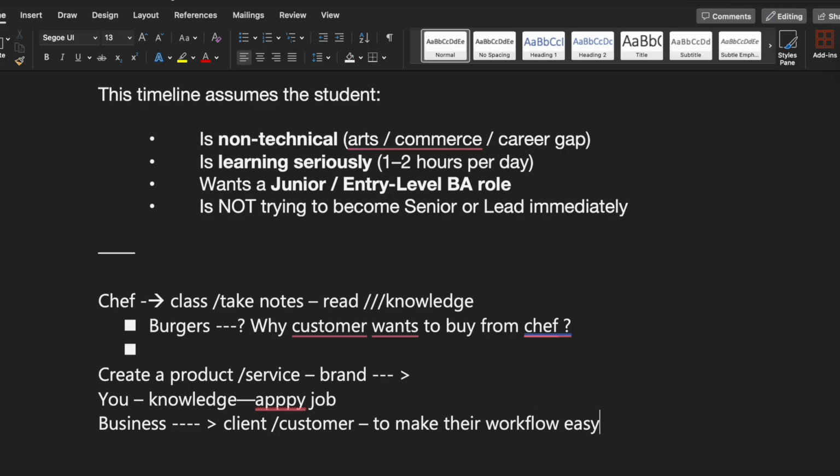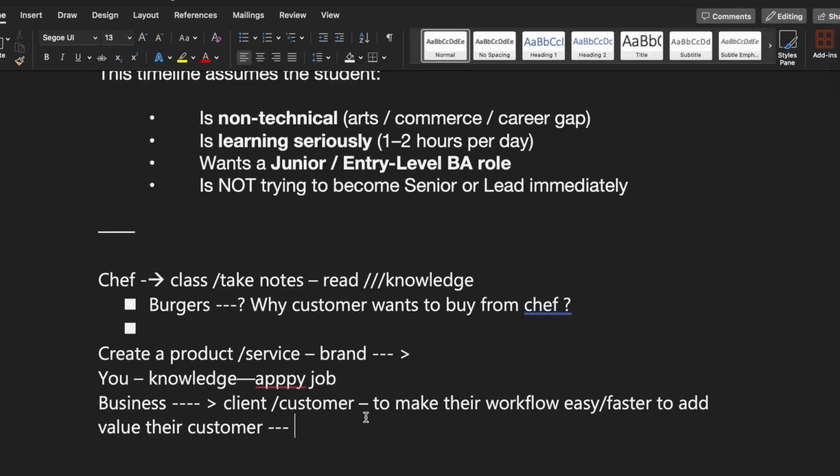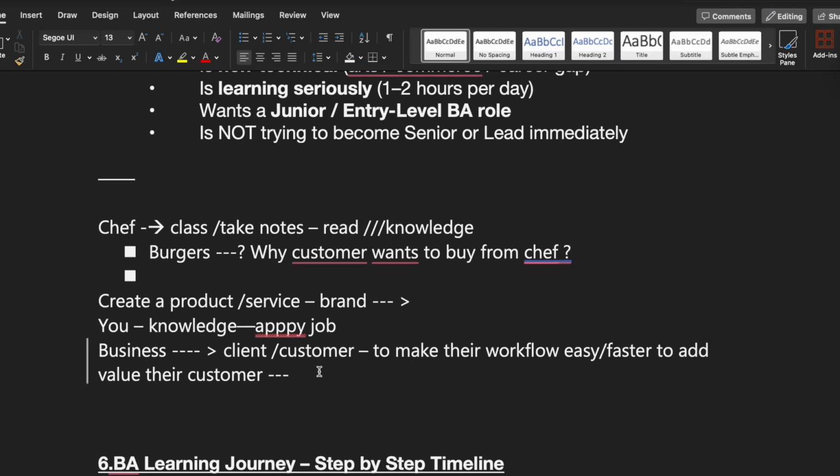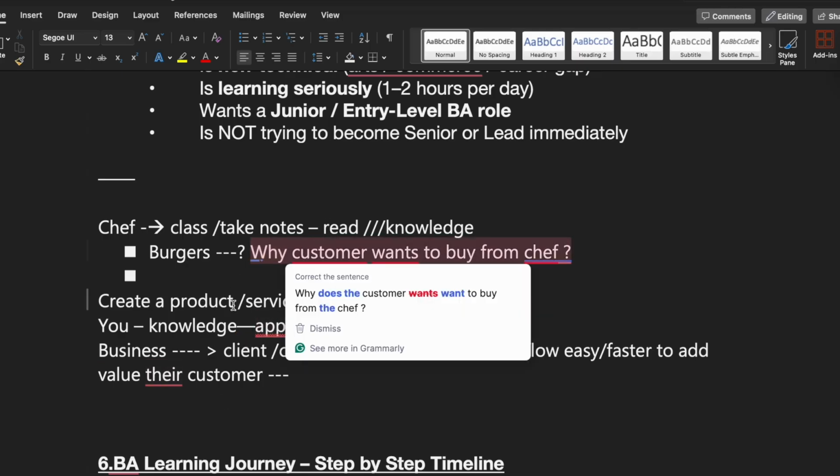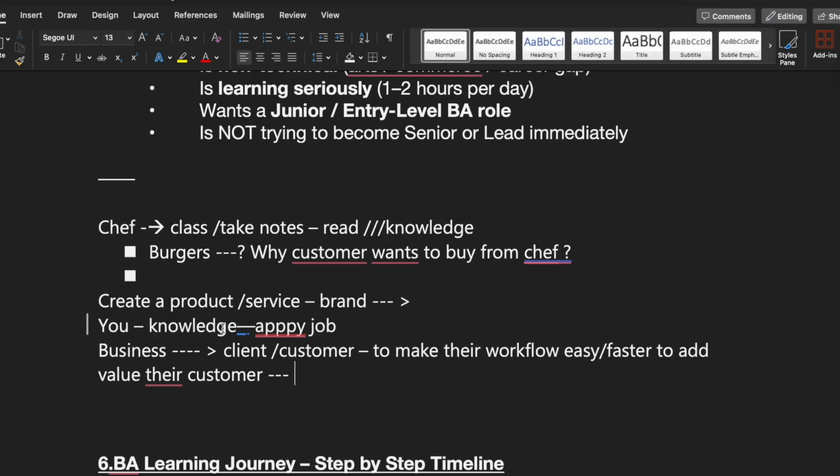You will not buy because there is no value for your customer. Why are people hiring you? To make their workflow easy or faster, to add value to their customers. More happy customers, more business they are going to bring, right? So you are not adding any value. You just have some knowledge only.